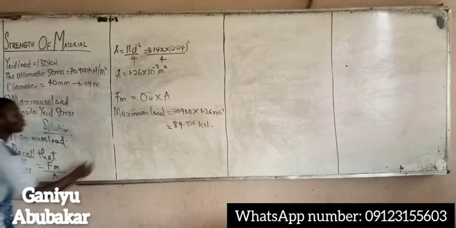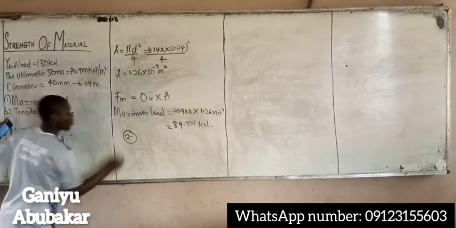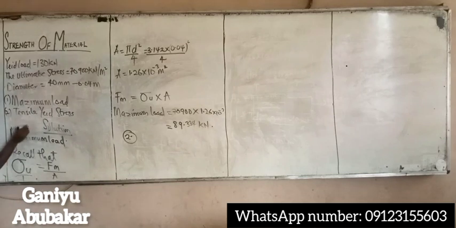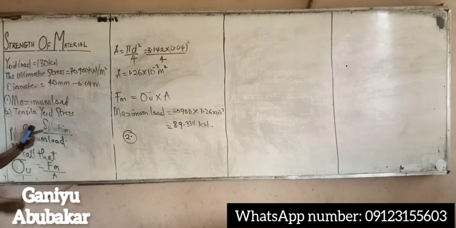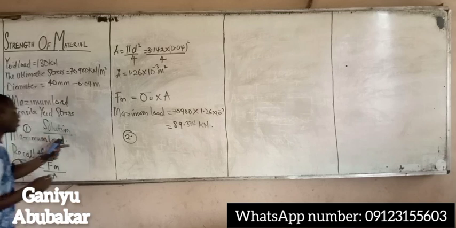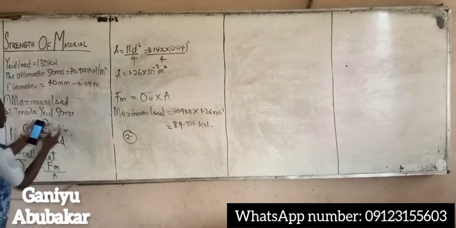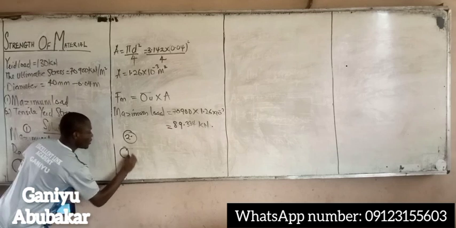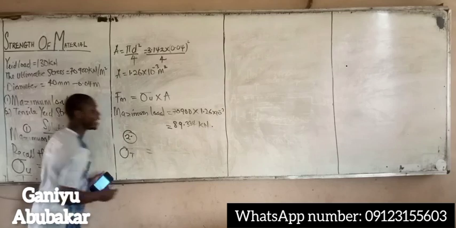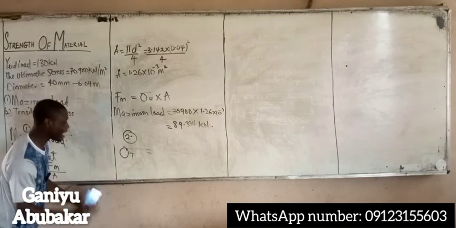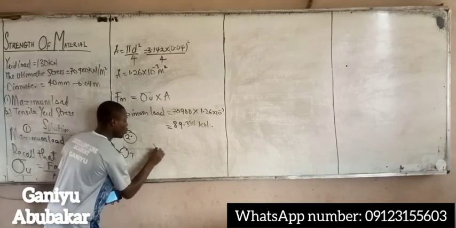So that is question 1. For question 2, tensile yield stress. Tensile yield stress is equal to yield load over area. That's the formula.